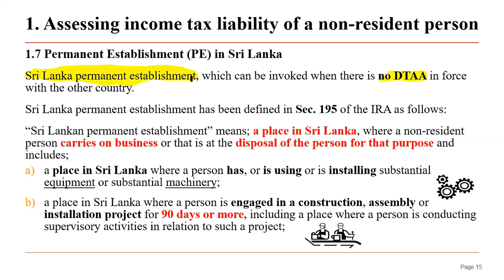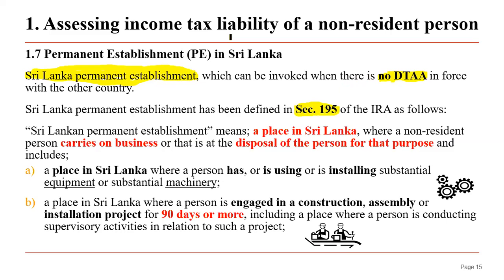If you go through section 195, you can see what is meant by Sri Lankan permanent establishment. If no DTA is available, we need to refer to how the permanent establishment is determined under the Inland Revenue Act.